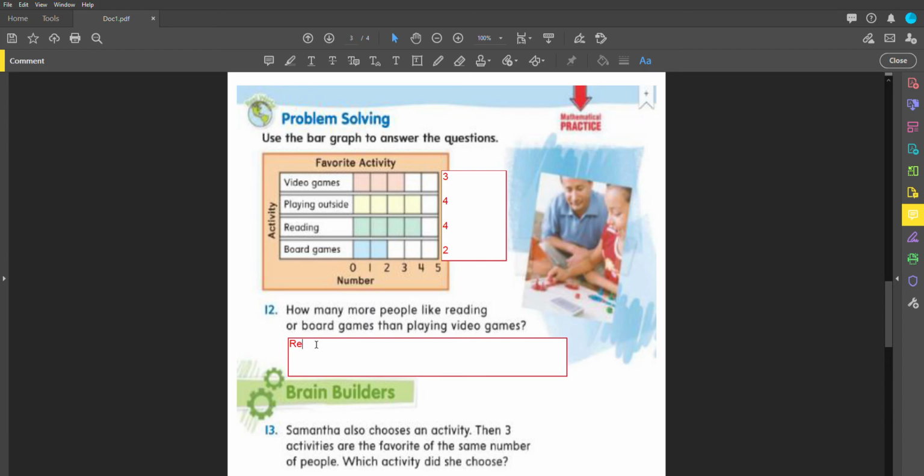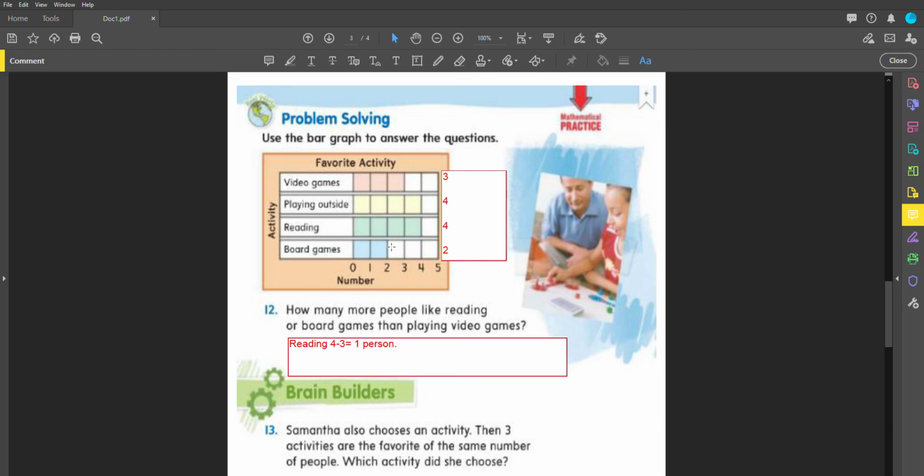In the reading, look, we have only one more person who likes to read than playing video games. How did we know? Because 4 minus 3, which is video games, equals 1 person. What about the board games?